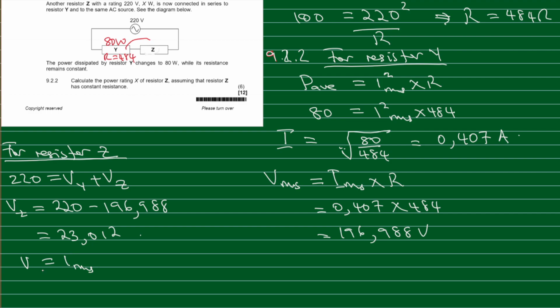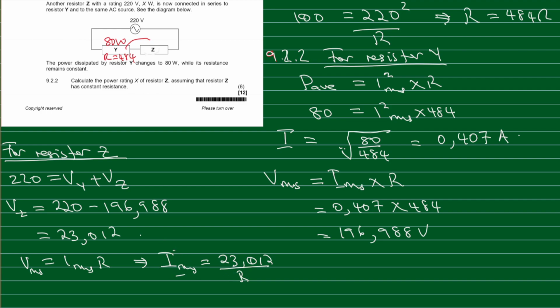So VRMS is equal to IRMS times R. From here we know our IRMS is going to be the VRMS, which is the 23.012 that we have gotten here, over the R.